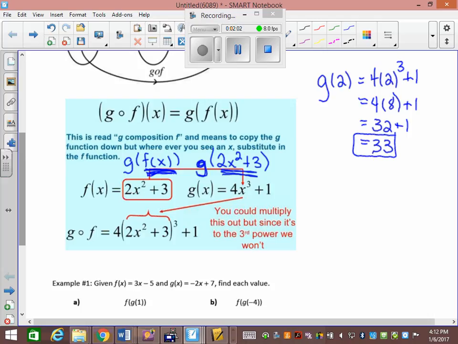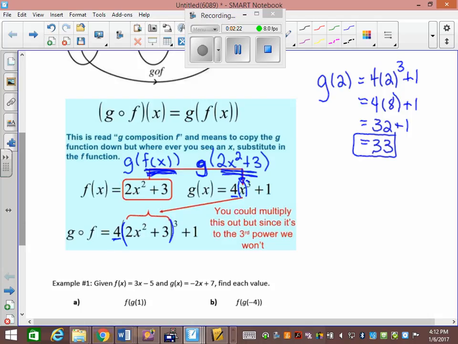But instead of having a number 2, I'm actually taking this x here in the g of x, and I'm going to replace it with 2x squared plus 3. So here the 4 is rewritten as 4. The x is replaced with brackets containing 2x squared plus 3.